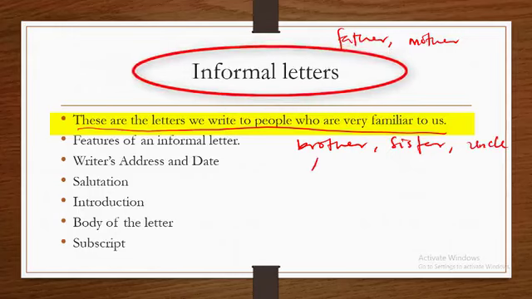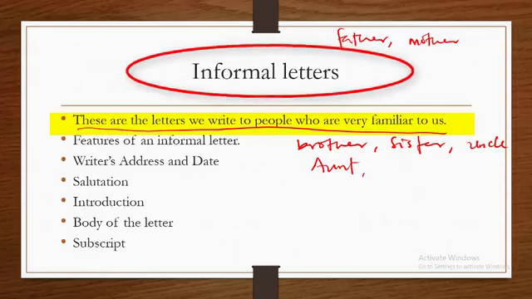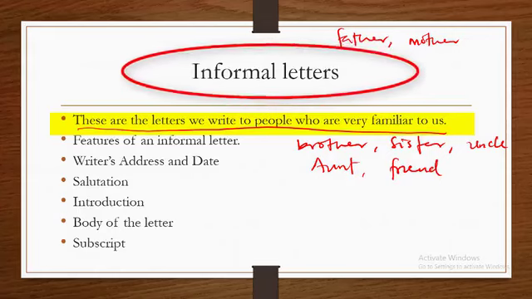It could be your aunt, okay? It could be your half brother, it could be your friend, okay? So these are letters that you write to people who are familiar with you, and it takes the following features.